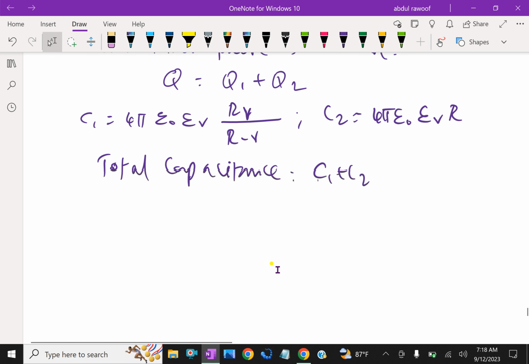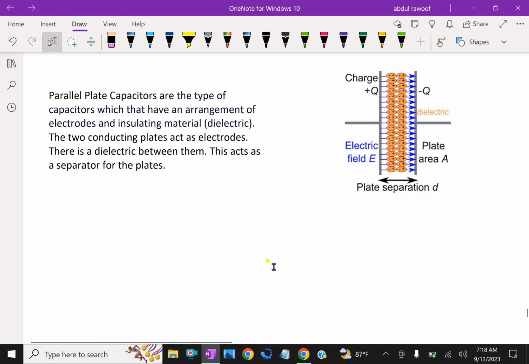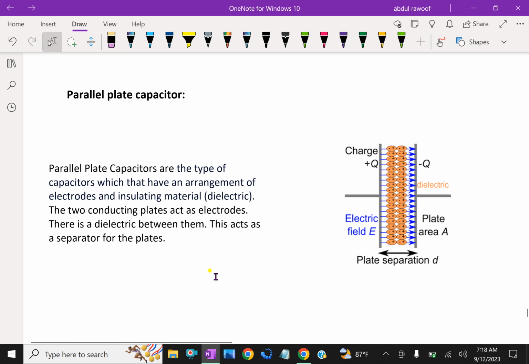Next, parallel plate capacitor. A parallel plate capacitor is a type of capacitor which has an arrangement of electrodes and insulating material, that is dielectric, inside. The two conducting plates act as electrodes.